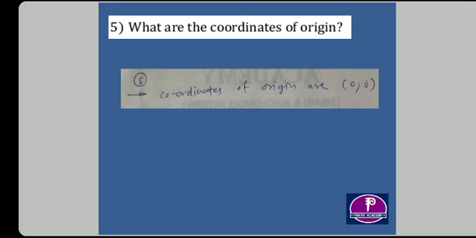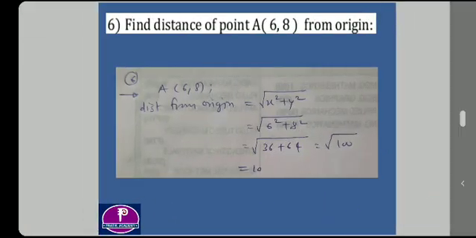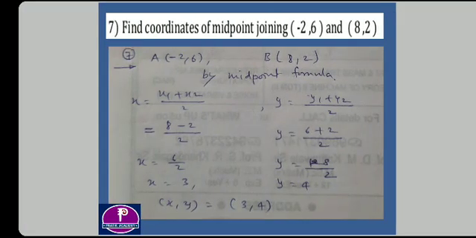What are the coordinates of the origin? The coordinates of the origin are (0, 0). And find the distance of point A (6, 8) from the origin. For this we have the formula: distance from origin is equal to root x square plus y square. Putting the values, we get this distance is equal to 10. Find the coordinates of the midpoint joining points (2, 6) and (8, 2). By using the midpoint formula, we get x is equal to 3, y is equal to 4.